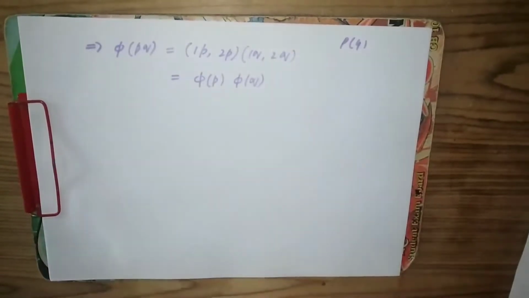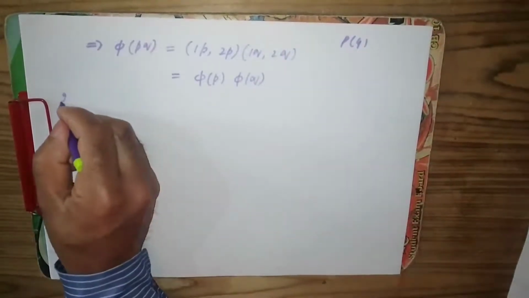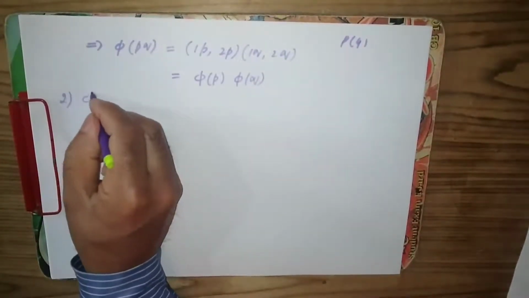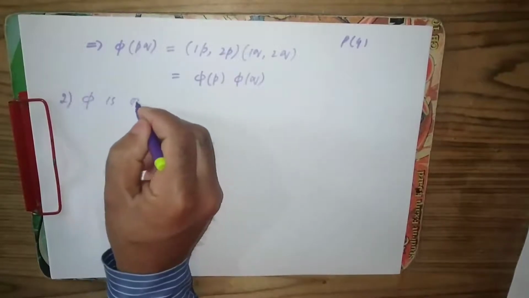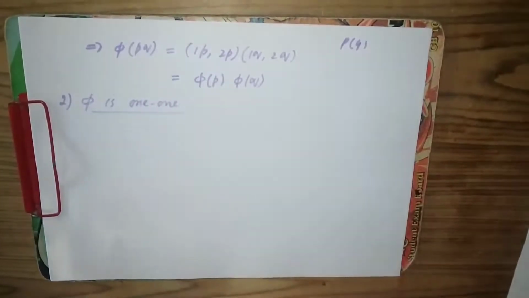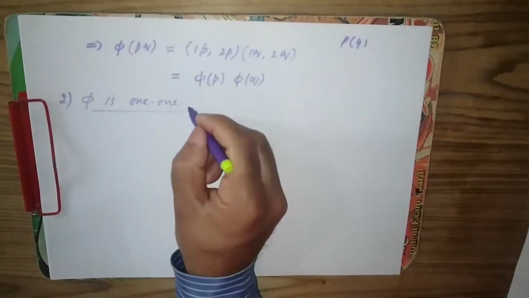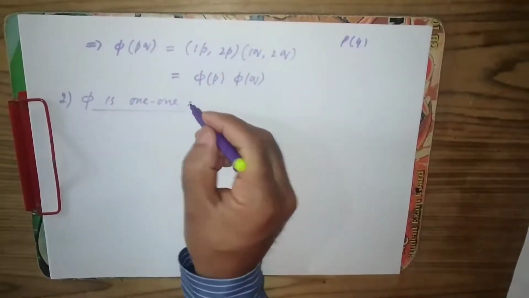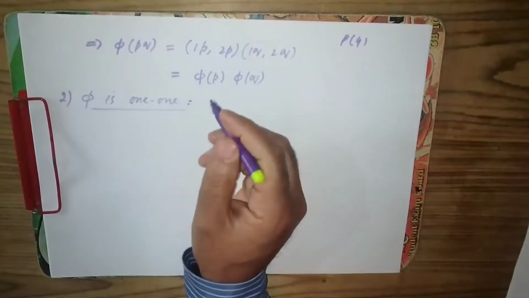So the next property we will prove is that this phi is one-one, it's injective. Phi is one-one.